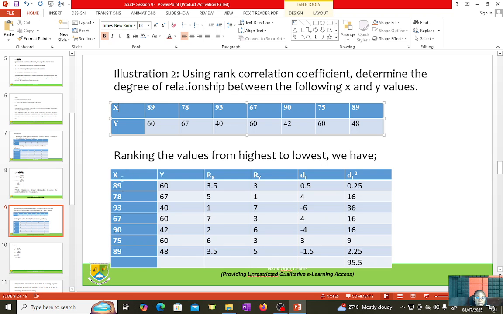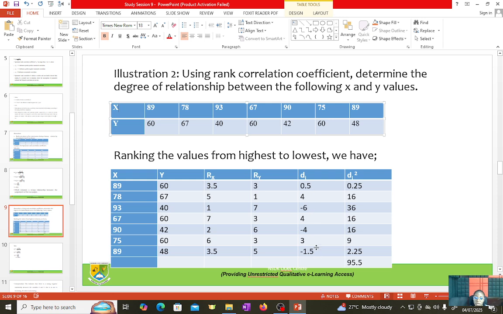So assigning the ranks to x and y, we arrived at rank of x and rank of y. What we need for our computation is the ranks, not the values of x and y. Now, having the ranks, we look for the differences in ranks. Rank of x minus rank of y gives us di.